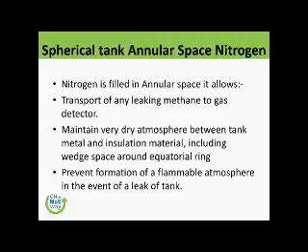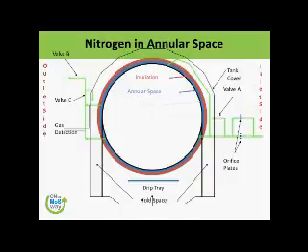This is how we manage to prevent the formation of a flammable atmosphere in case a leak happens in the tank. Again, with a small picture, we are trying to explain that this is the drip tray. There is a gas detection system in between, and of course annular spaces.